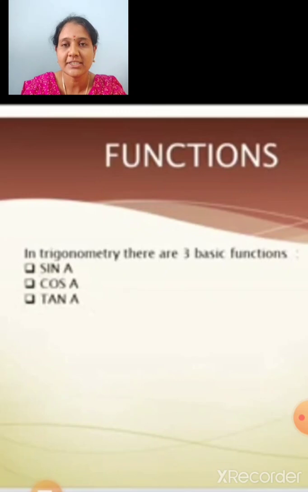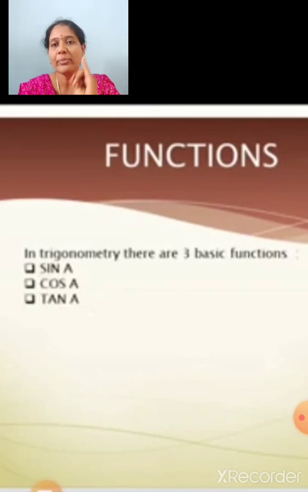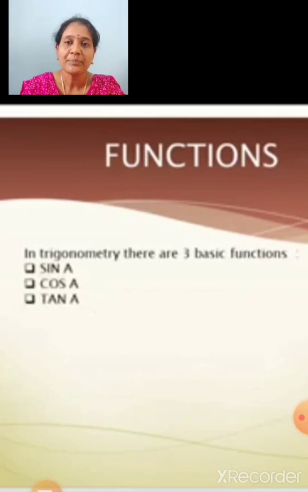Functions are nothing but ratios, trigonometric ratios. Which is the first one? Sin A. Second one? Cos A. Third one? Tan A. So we have three basic trigonometric ratios: sin A, cos A, tan A.